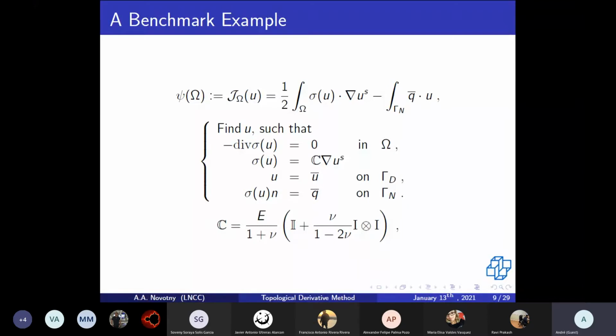In this way, it's a fourth order tensor. And gradient of U, symmetric, is the symmetric part of the gradient, which is actually the linearized Green tensor. U bar is some displacement prescribed on the boundary gamma D, and q bar is some traction defined on gamma N.